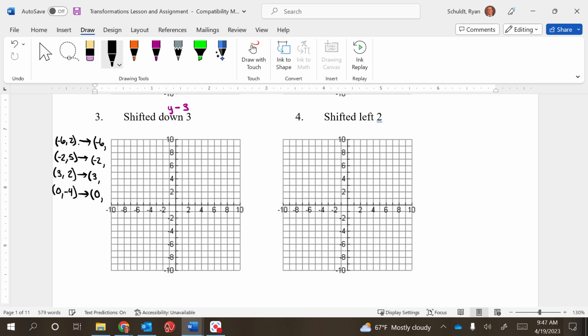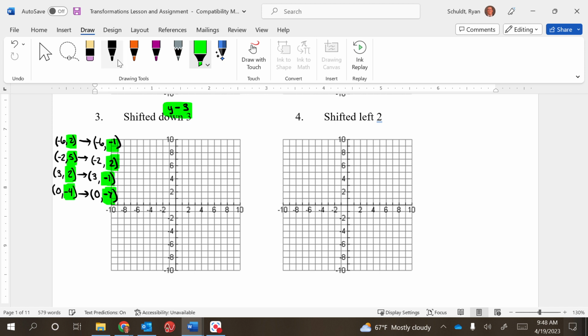We subtract 3 from the y, so 2 minus 3 is -1. 5 minus 3 is 2. 2 minus 3 is -1. -4 minus 3 is -7. So again, I take the original y's and subtract 3 from them.